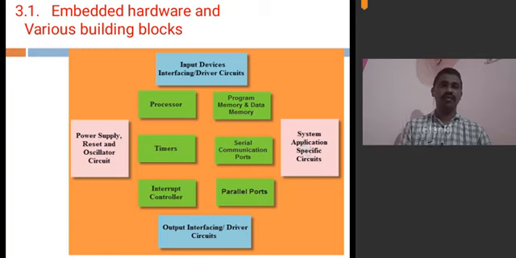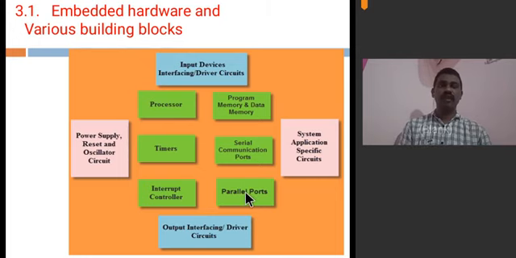ADC is an application specific IC which is used for converting analog information into digital information. DAC is the application specific IC which is used for converting digital information back into analog information. Comparators are also present inside your application or controller. And these are the various building blocks which are used for building embedded hardware. Understand?